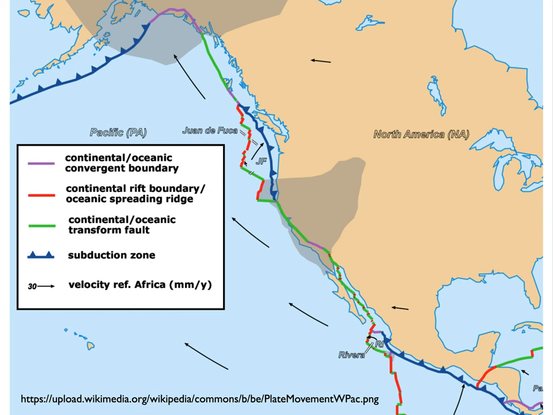A little bit further off the coast is a mid-ocean ridge, okay? And the little red segments here are places where the ridge is spreading, and the little green segments here are transform faults. So there's this teensy-weensy little Juan de Fuca plate, and it's subducting under North America. Beyond the Juan de Fuca plate is the giant Pacific plate, the largest plate on Earth, and it's moving in this direction relative to the core of North America.